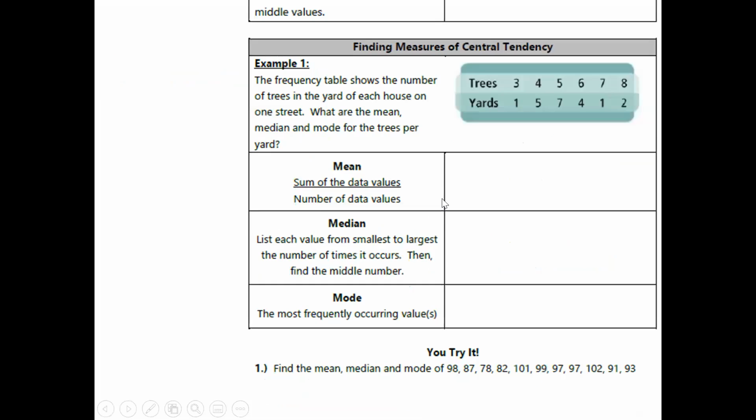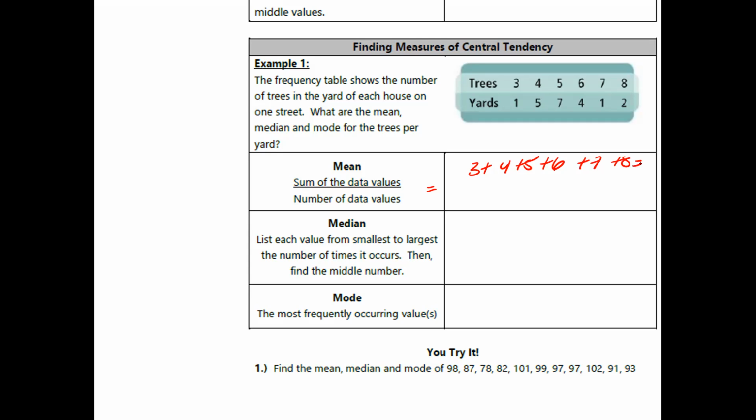All right, now let's take a look at the first question here. Here you have a frequency table showing the number of trees in the yard of each house on one street. What are the mean, median, and mode for the trees per yard? We're going to find the mean by adding all of these trees together.